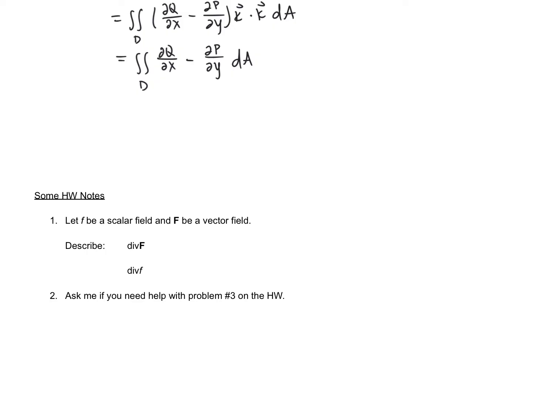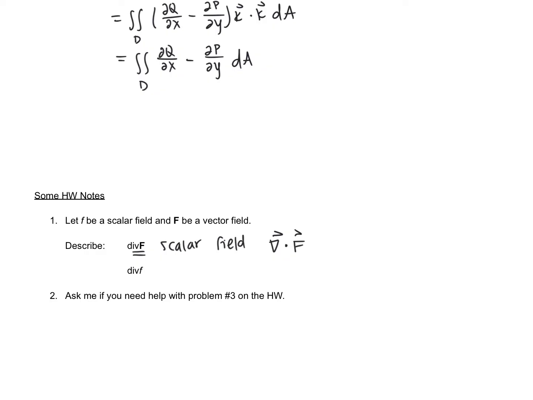The first problem is you're going to have some of these on the homework that say, let f be a scalar field and big F be a vector field, describe the following. What it means by something like this, if we take the divergence of a vector field, so we take the gradient vector and we dot it with the vector field, what we're going to get is, like we said, a scalar field.